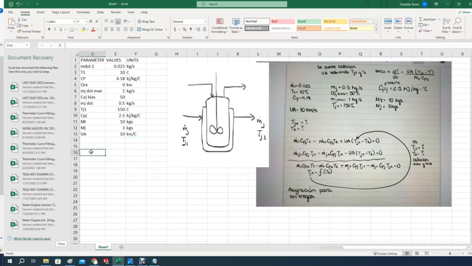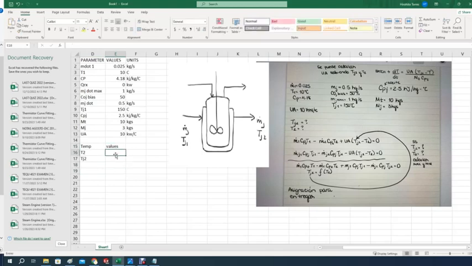Now anything else here that I need? No, the only thing I need is to set these equations the way they are. And the nice thing is, I'm gonna set the temperatures, which I don't know what they are. Let's write here temp. Now here I'm gonna set, for example, this is actually T2, and I'm gonna set this as TJ2, and these are initial values because I don't know what they are.